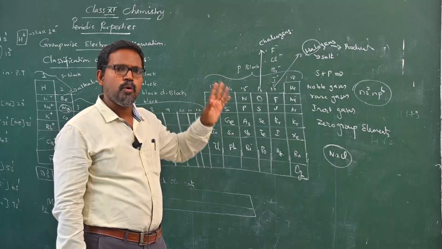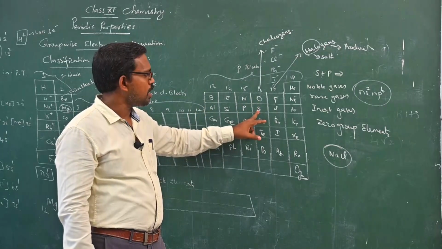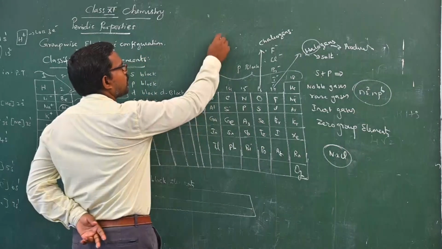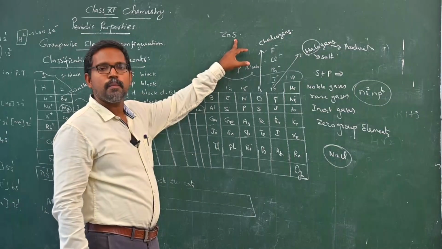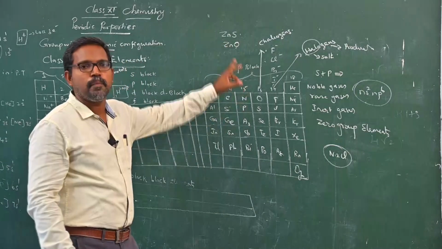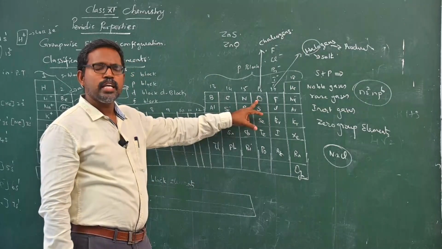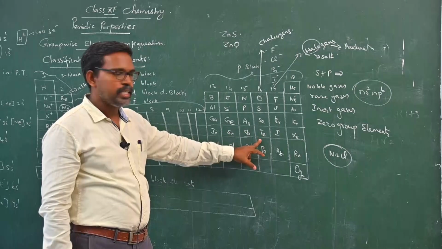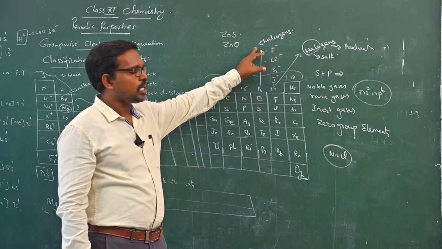The majority of ores exist in the form of oxide, sulfide, selenide or telluride. You remember the ore zinc blende exists in the form of zinc sulfide, and zinc oxide exists in the form of oxide. Similarly, the majority of ores exist as oxide, sulfide, selenide or telluride. Therefore, they are called chalcogens.